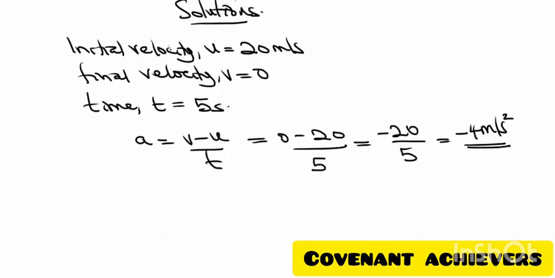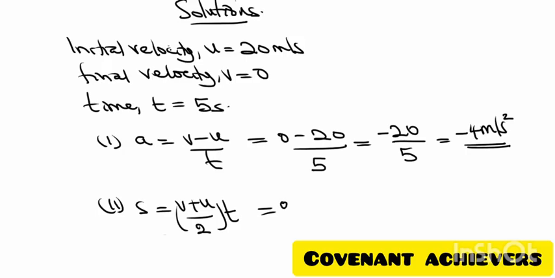Then the stopping distance, x is equal to v plus u over 2, bracket t, and that is 0 plus 20 divided by 2, bracket times 5.